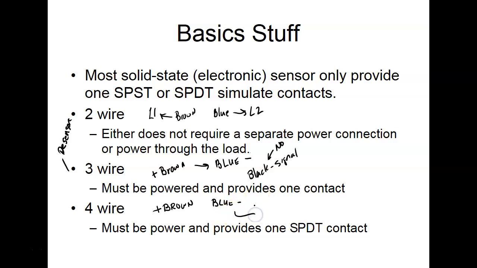Then your black is going to be a normally open, simulate a normally open contact, and then we'll add another one, which will be a white, which is going to be a normally closed contact. So these are going to be single pole double throw. Are we okay?